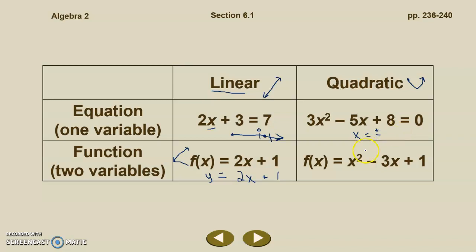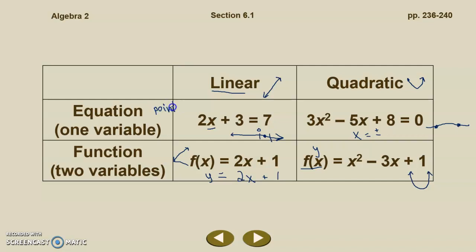That's what we did last chapter. Remember, I told you those are the points where it crosses the x-axis. So 2 points on the x-axis. A quadratic function has 2 variables. It has y equals x squared minus 3x plus 1, or f of x equals, and that will give us multiple points so that we can graph a whole curve. So an equation gives you a specific point.